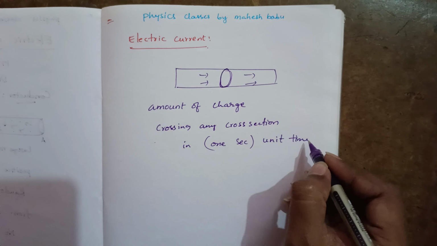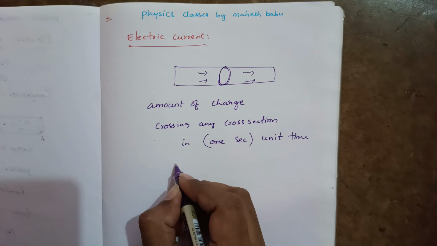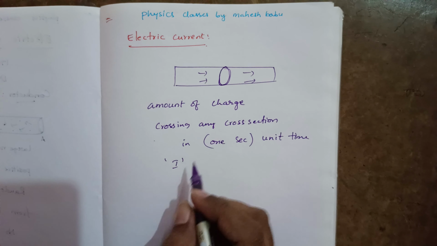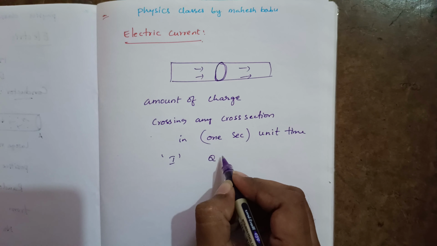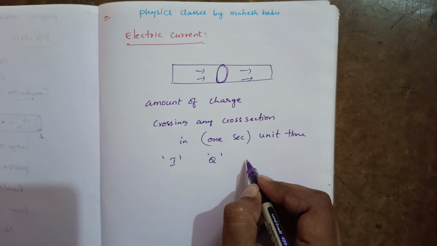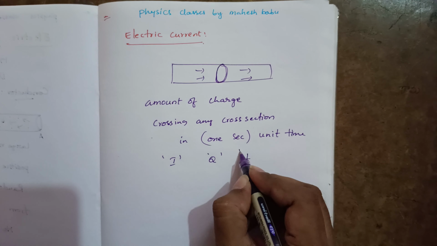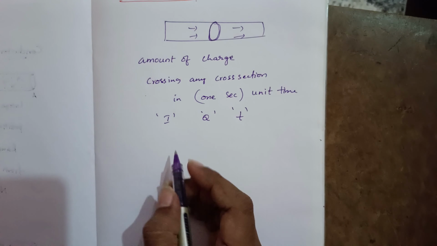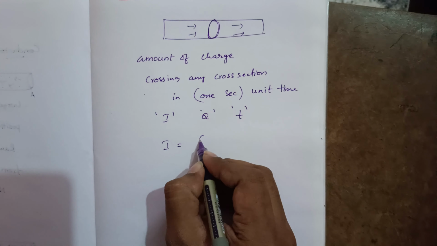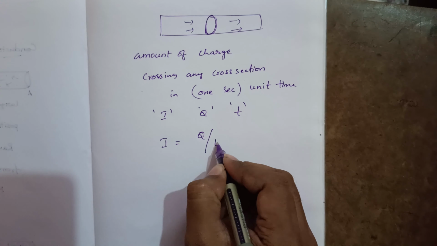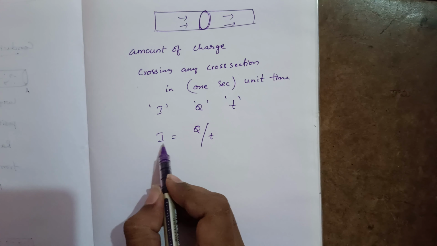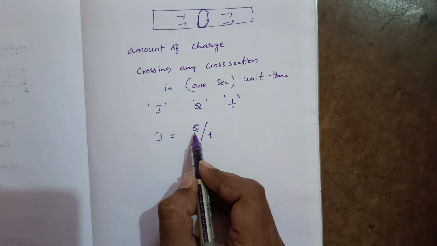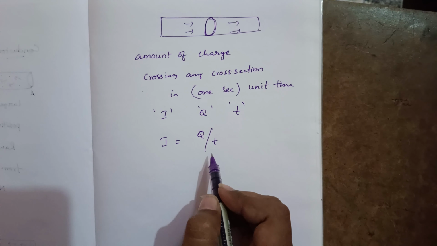Now electric current is denoted by letter I, charge is denoted by letter Q, and time is denoted by letter T. Electric current I equals the amount of charge per unit time, Q by T. Electric current equals electric charge divided by time taken.